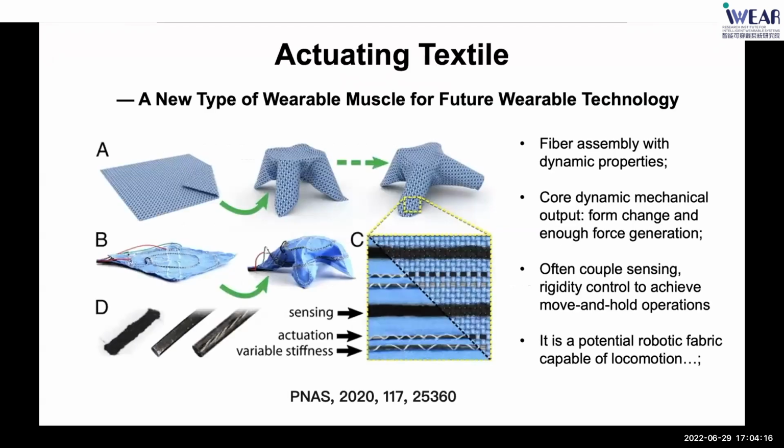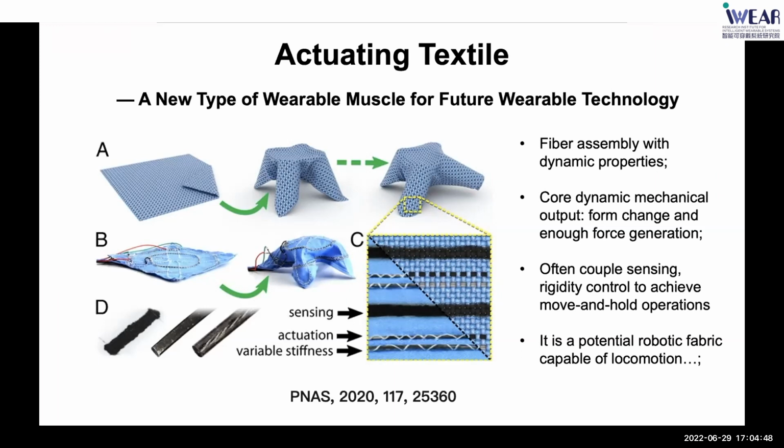Firstly, I would like to introduce the concept of the actuating textile. It is a new type of wearable muscle for future wearable technologies. Actually, it is a fiber assembly with dynamic properties. Its core dynamic mechanical output includes form change and enough force generation.